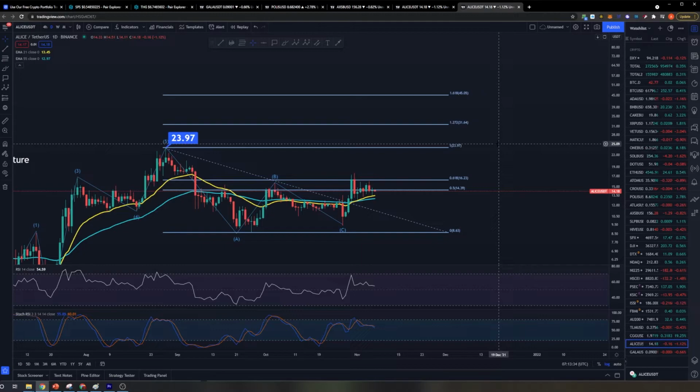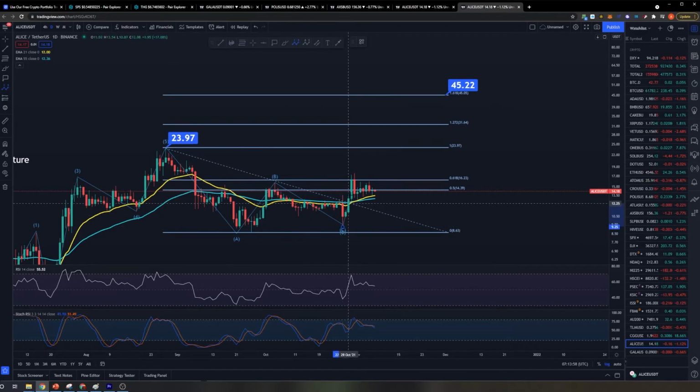In most cryptos so far that I've seen, the 1.618 is a good target to have when it comes to an impulse wave target. So in this case, it's around 45-ish, depending on how well you match your lines right here.